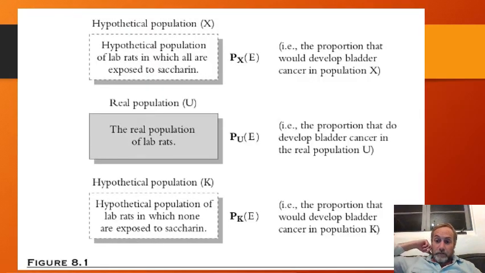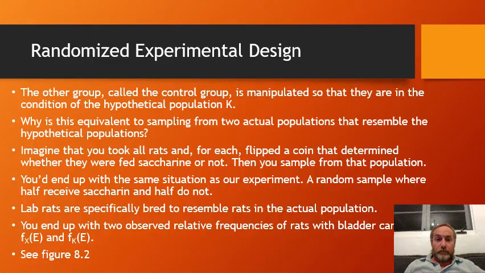So here's the diagram. There's the real population in the gray box, and X and K are the hypothetical populations we were talking about before. The control group we put in the condition of the K population; it doesn't get the causal factor at all.